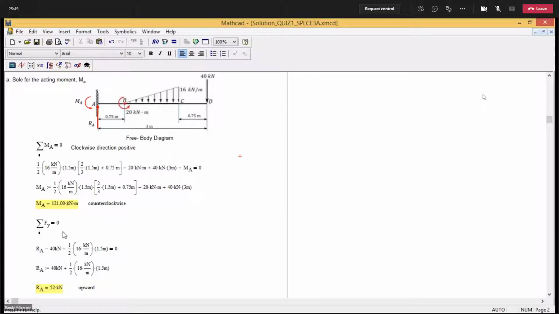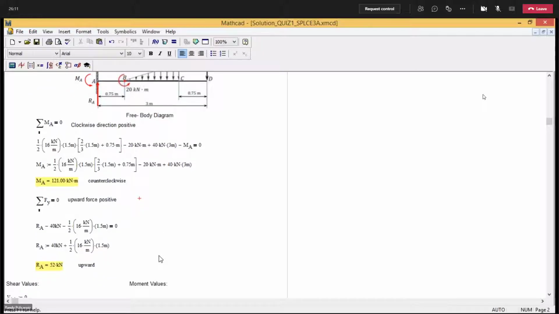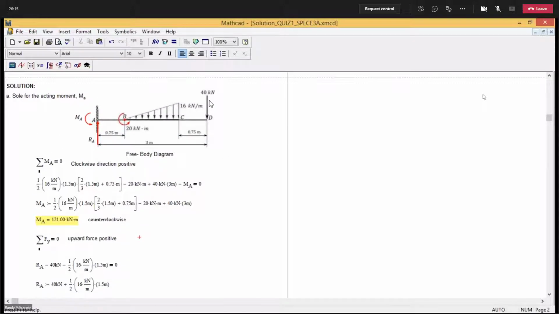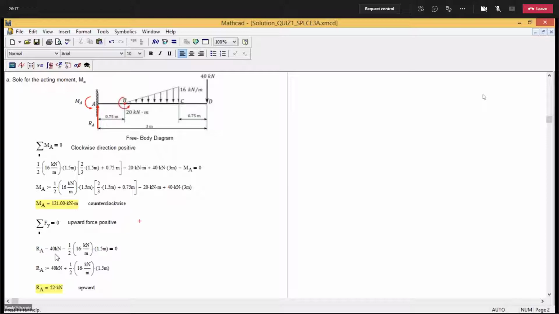So again, the assumed direction is upward force positive. So RA is upward, so it will be positive. The 40 kilonewton is downward, that is why it is negative.